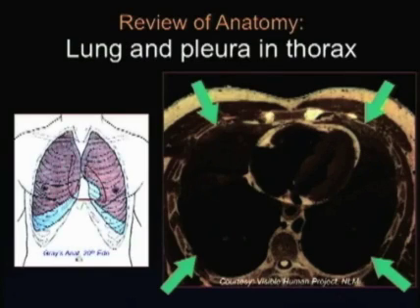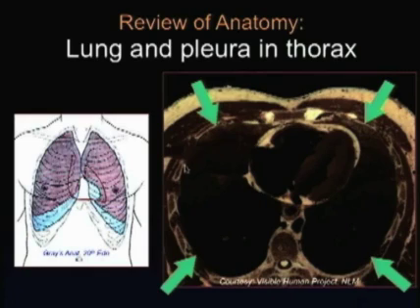So initially, to review the use of ultrasound in the diagnosis of pneumothorax, we have two layers of pleura that are the parietal and visceral, with the parietal pleura intimately opposed and fixed to the chest wall, and the visceral pleura fixed to the lung underneath it.